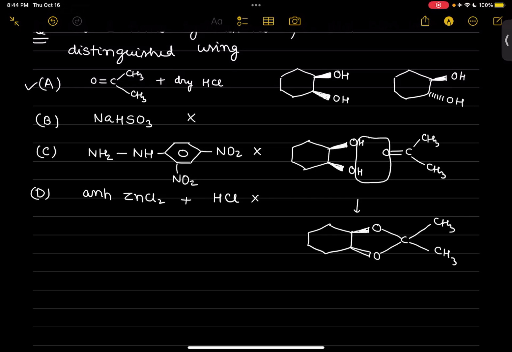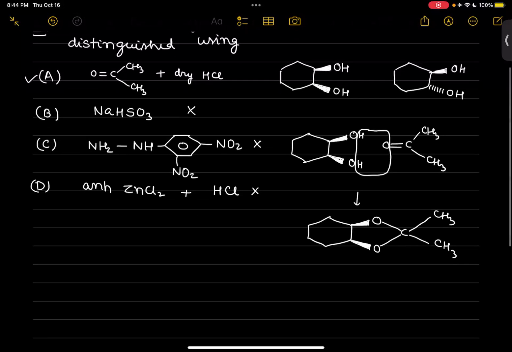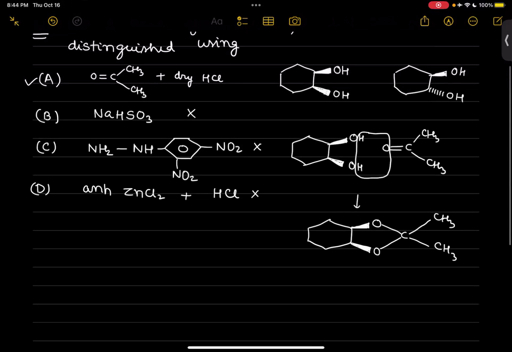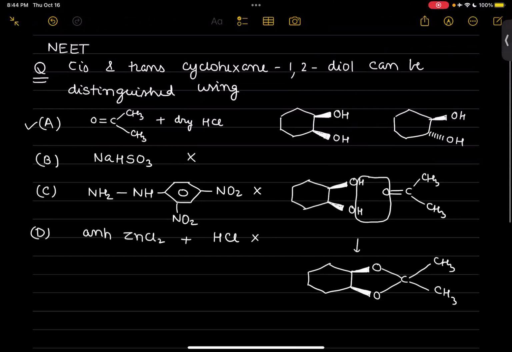But how will this reaction enable us to differentiate between the two types of diols? It is very easy to understand that in the cis diol both the OH groups are on the same side. So they can combine with the carbon of the ketone and form the ring.